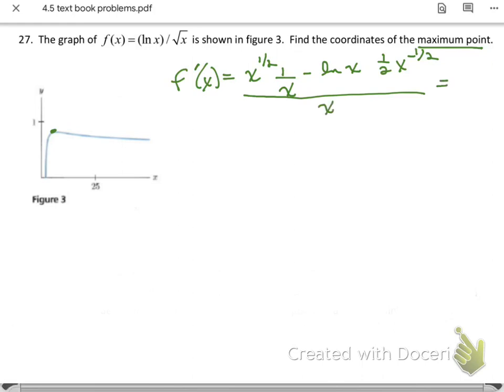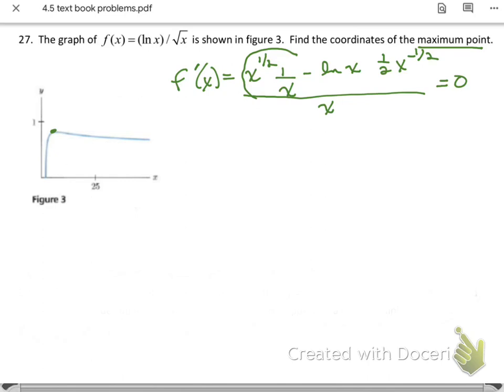Okay, set that equal to 0. All right, since I know if I do cross products, this is going to be equal to 0 when my numerator equals 0. So look what I can do. I'm going to take the first term in my numerator.